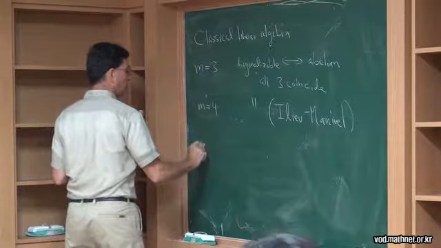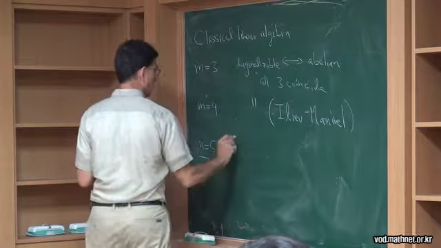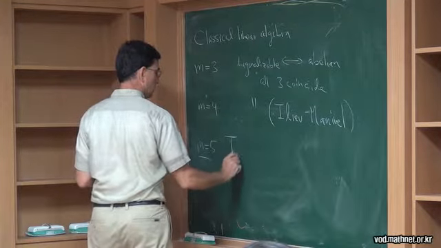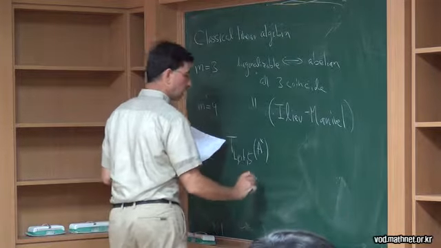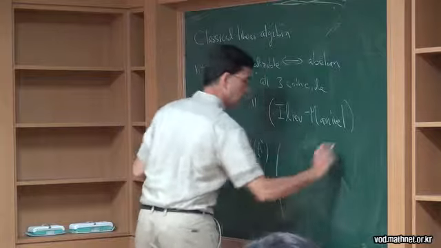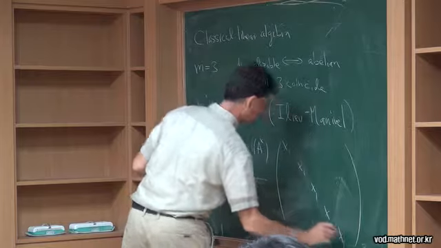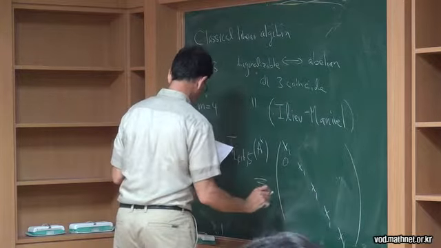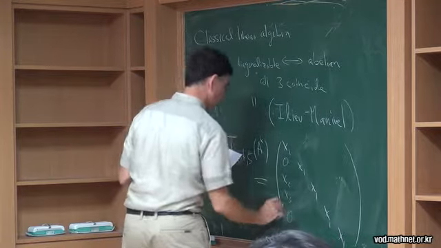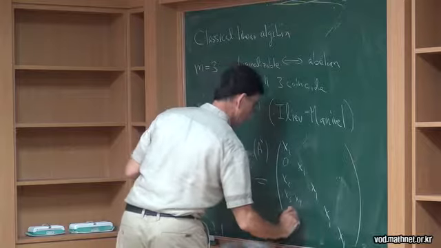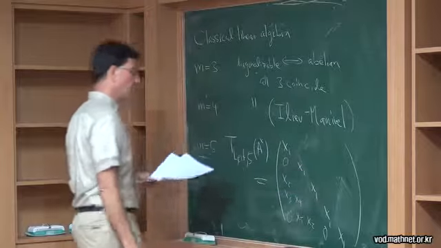And for m equals 5, we had this tensor I wrote down, where the image as a space of endomorphisms looked like this, and all the other entries are 0.